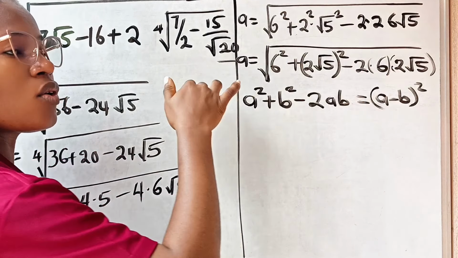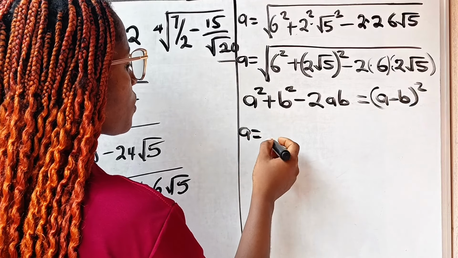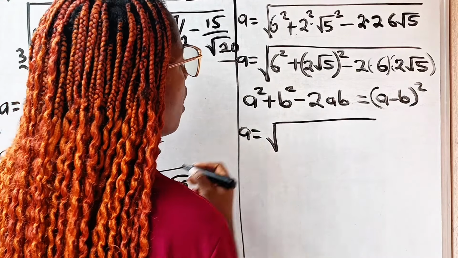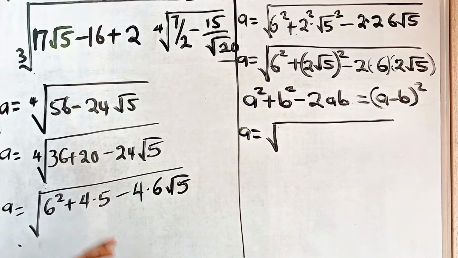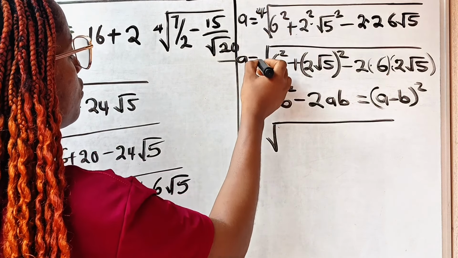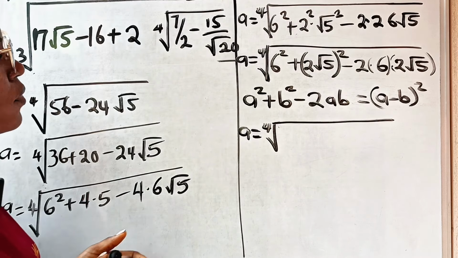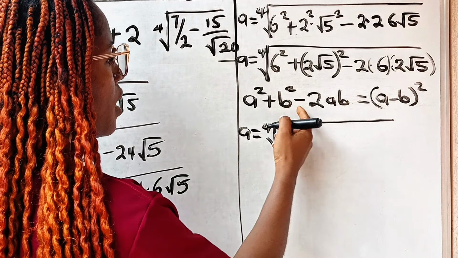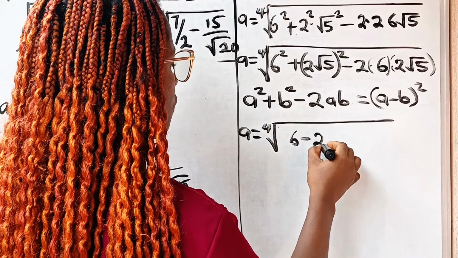Therefore, everything under this root can be written as a is equal to the fourth root of a minus b squared, that is 6 minus 2 root 5 squared.